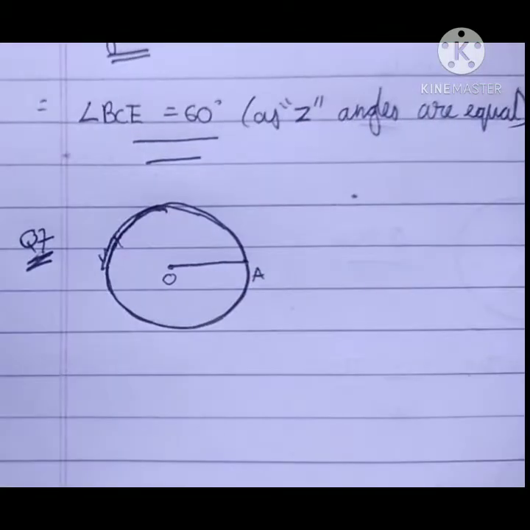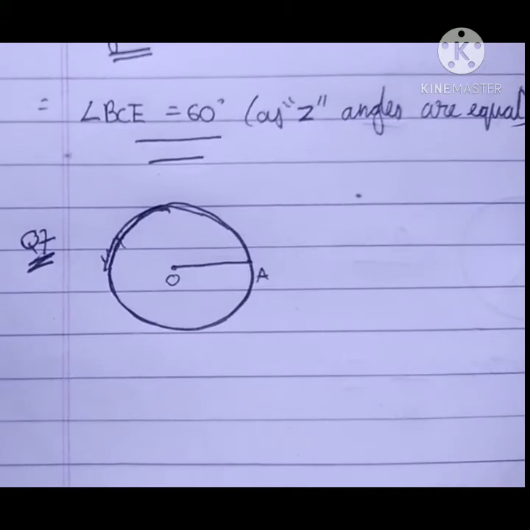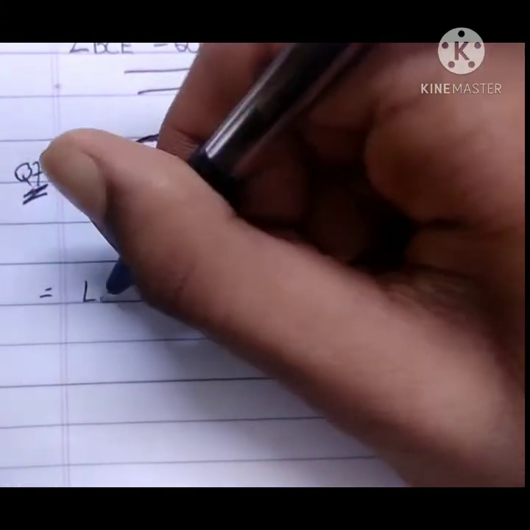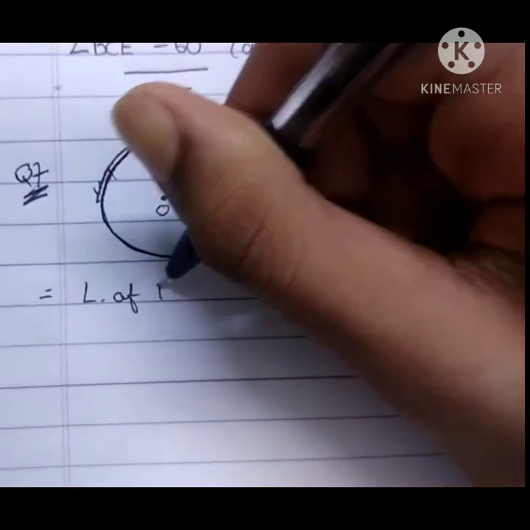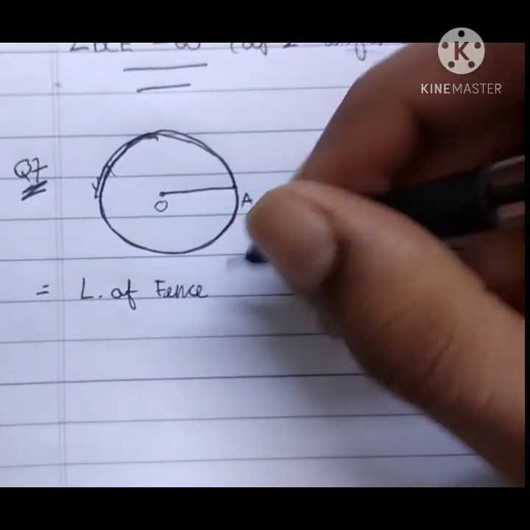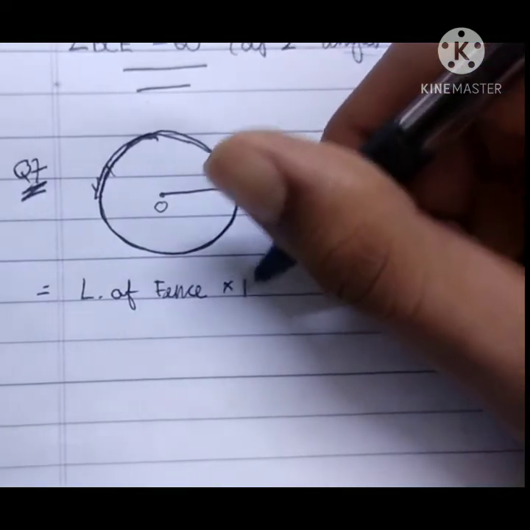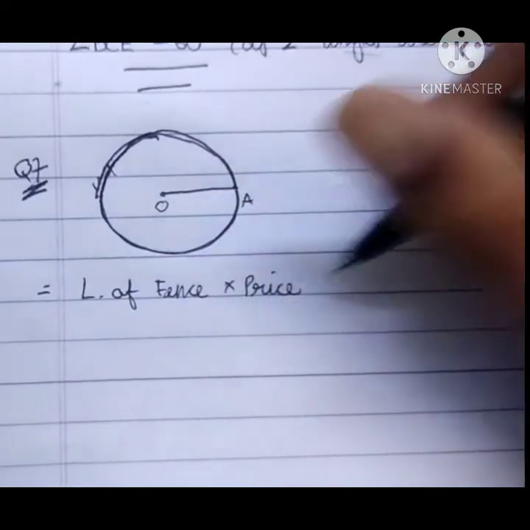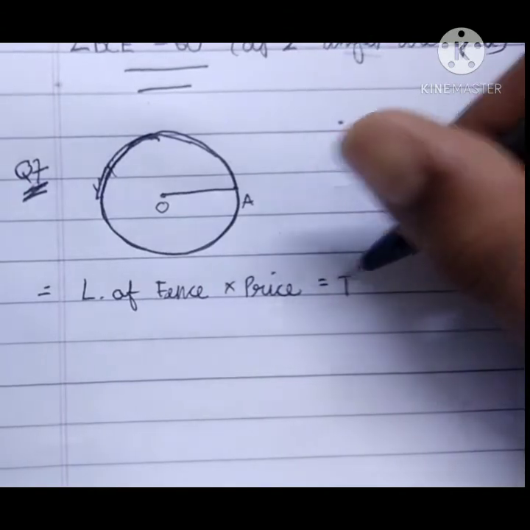We know that if we multiply the length of fence with our price, we would get the total cost.